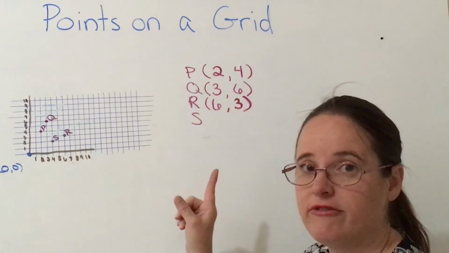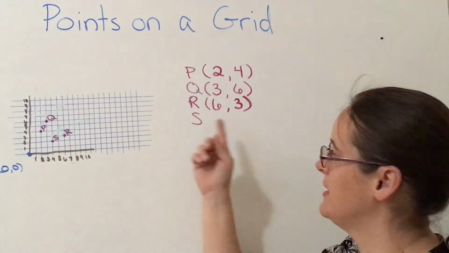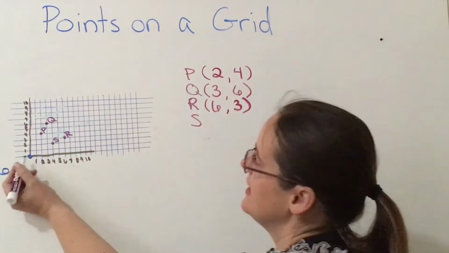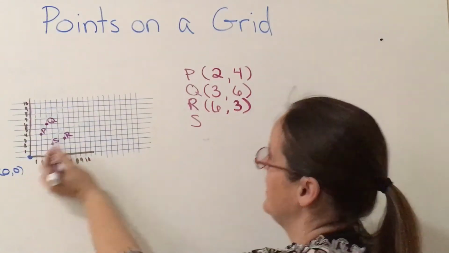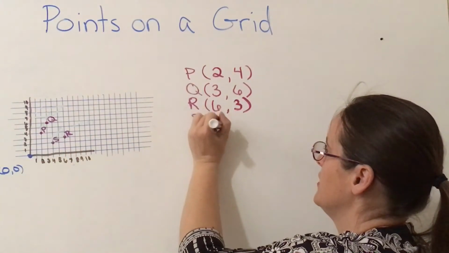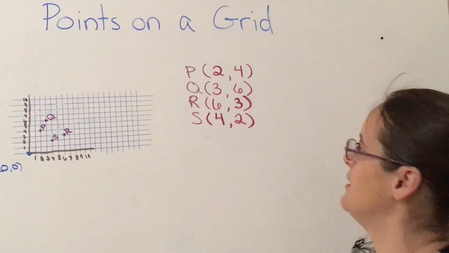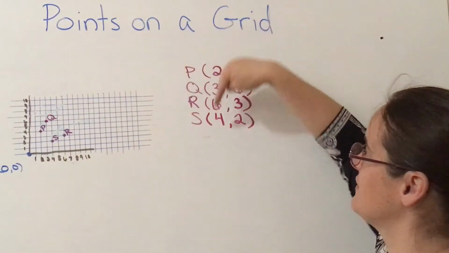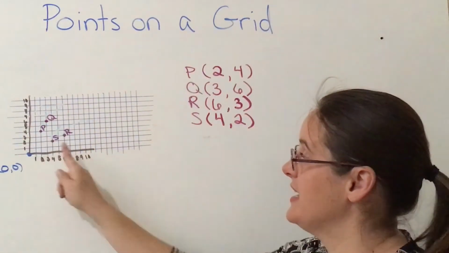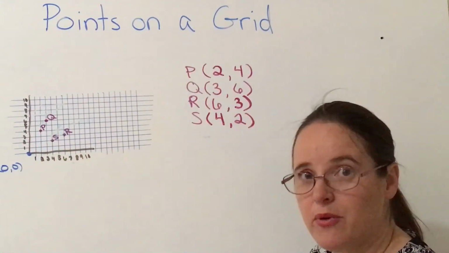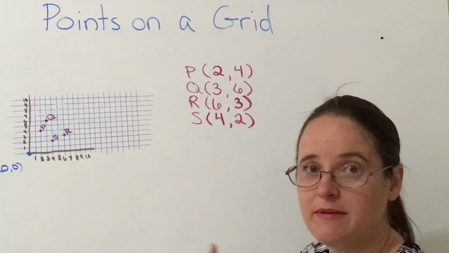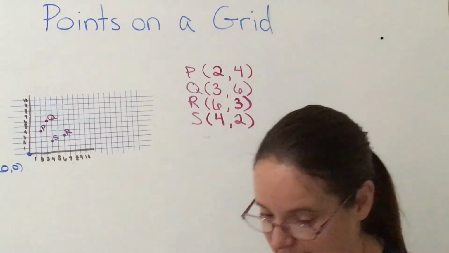We always go over first and then up. So point S, we're going over 4 and up 2. So (4, 2). Again, P and S, the numbers just flip-flopped. But notice on the grid, those are two separate points. We can't flip-flop the numbers and get the same point.